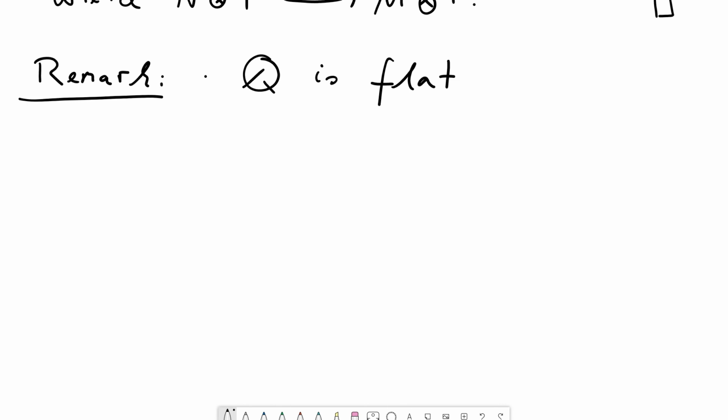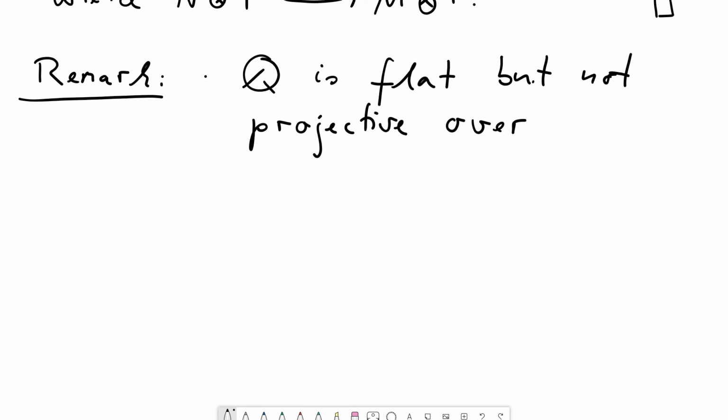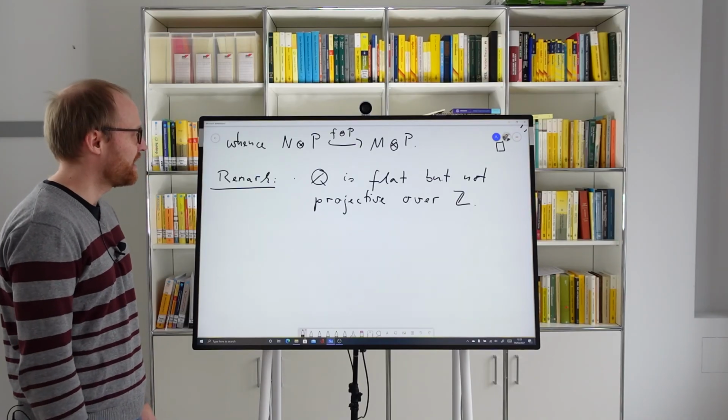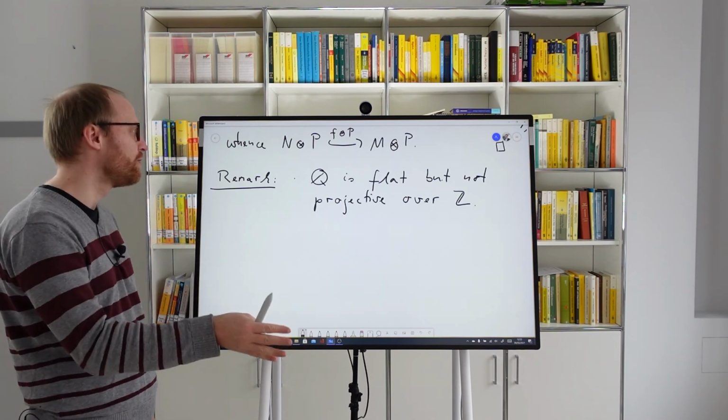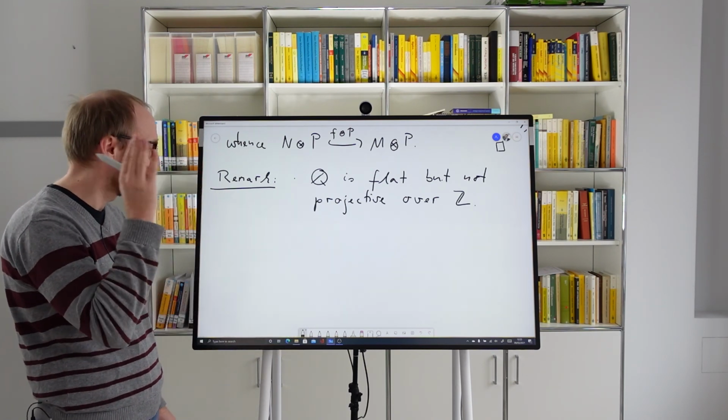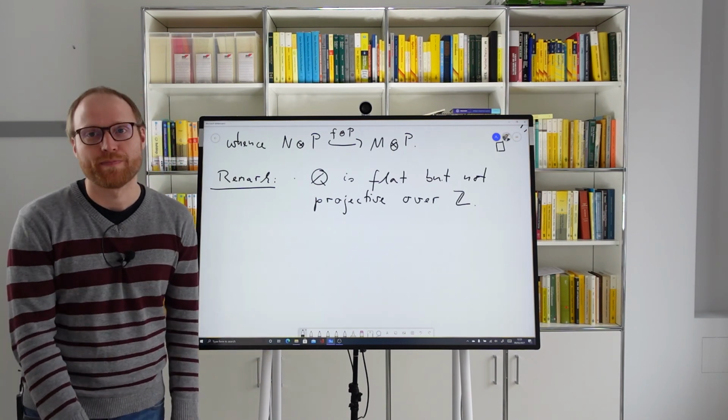So it's flat, but it's not projective over Z. And to see that it's not projective, one can use this divisibility property I alluded to earlier to see that homomorphisms from Q to Z must be 0.